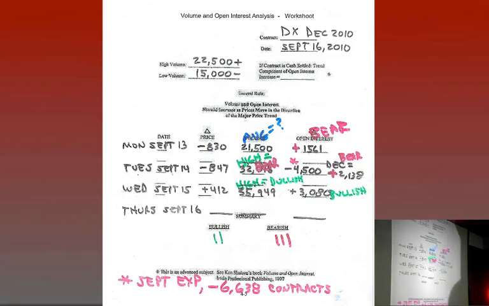Now, here's the problem. If you looked at the open interest figures only when they came out, it would show you the total open interest was down 4,500 contracts. This is something you only have to do when the quarterly expiration comes around. There were 6,638 contracts open in the expired September contract that the exchange took off, closed out.